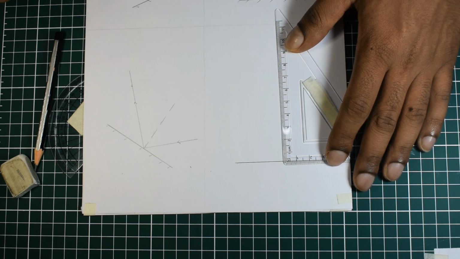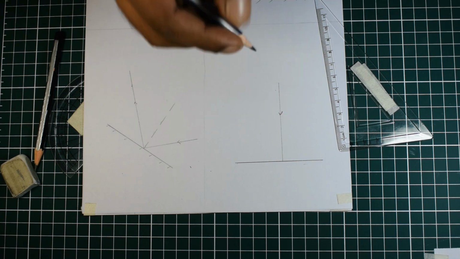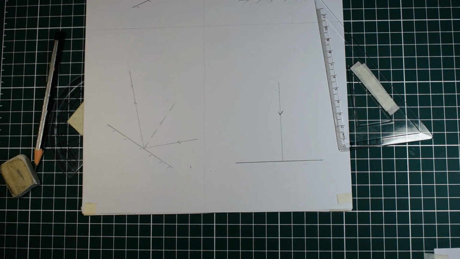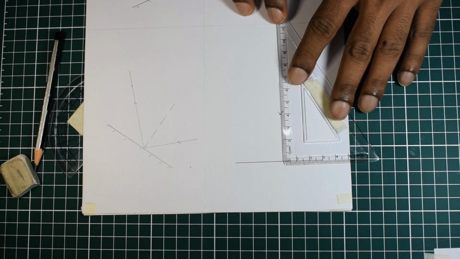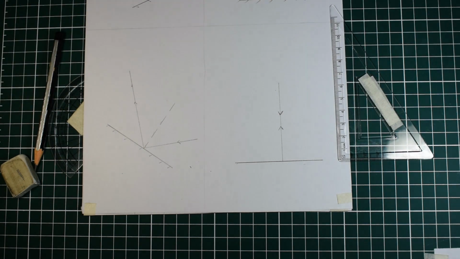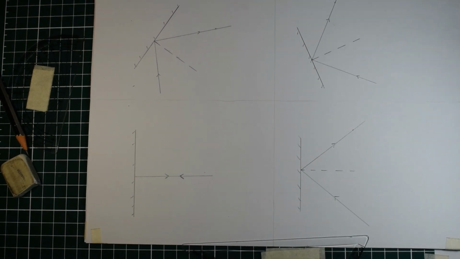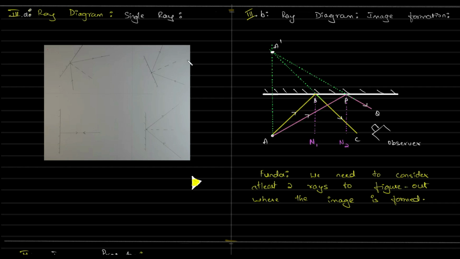The last thing, which we already discussed, is when the angle of incidence is 0 degrees. That is, the incident ray makes an angle of 90 degrees with respect to the mirror. You remember our discussion: the reflected ray will be in the same line, and that is your answer. So we saw 4 different cases. Again, I'm just trying to show that the mirror can be in any direction.